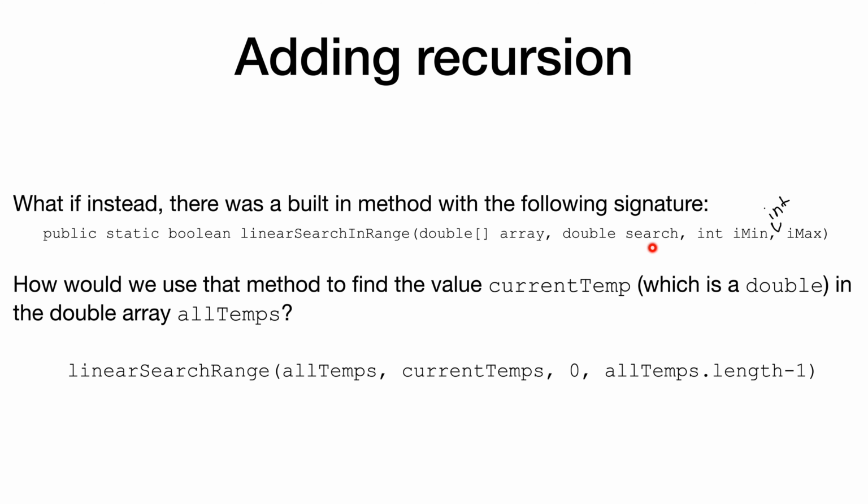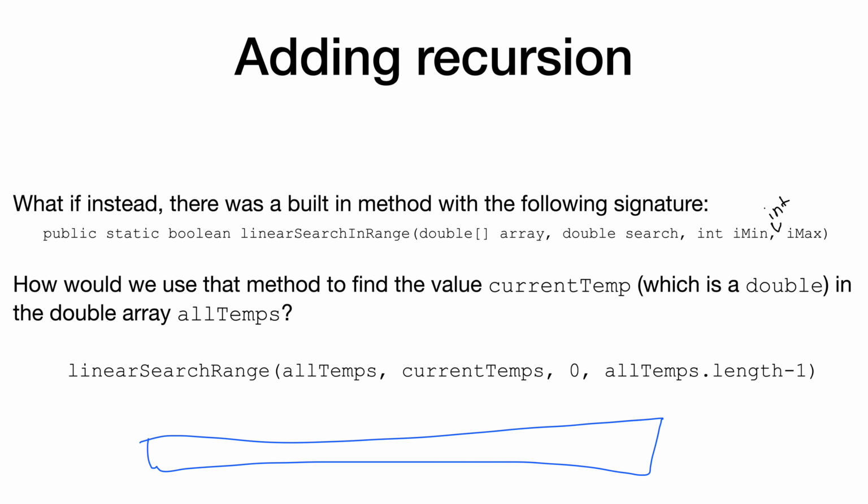The currentTemp is a single double, and then we want to search from 0 to allTemps.length minus 1. We want to take the entire range. I don't necessarily know how linear search in range works, but I know I need to give it the range of things to look for, and it'll look for it in there and give it back.